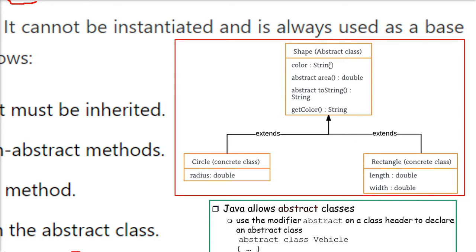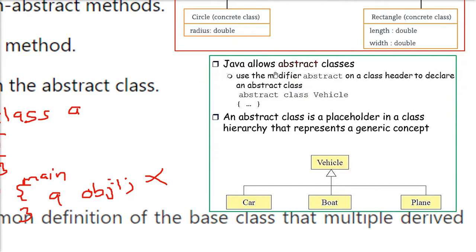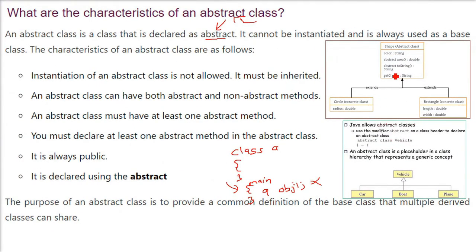There is no function definition. I'll tell you one more thing. This is about Java. When you write a class, it can have any name, but the type should be abstract in order to make an abstract class. So you have to use the modifier abstract on a class header to declare an abstract class. The abstract class is a placeholder in a class hierarchy that represents a generic concept, and you have to implement that concept.